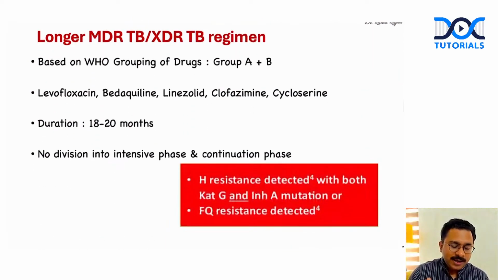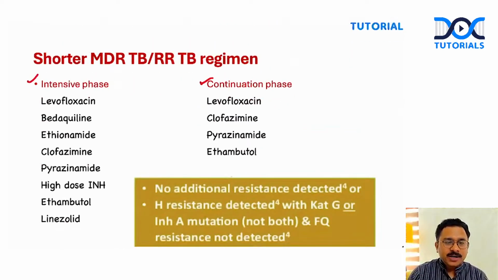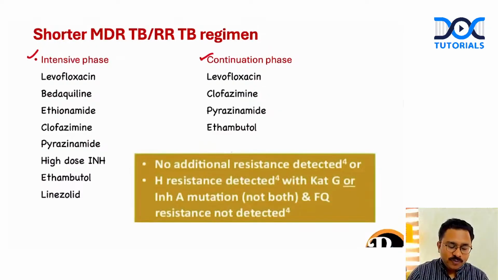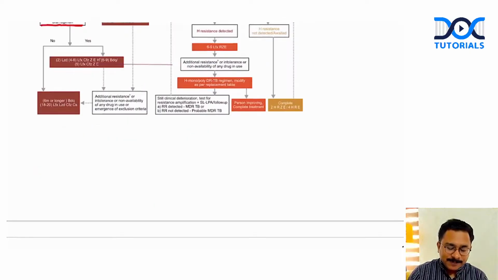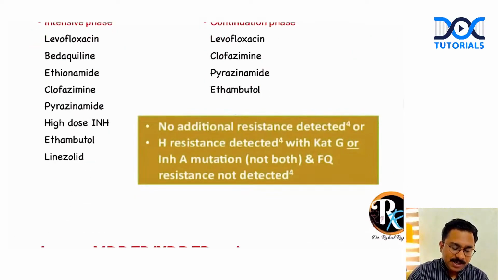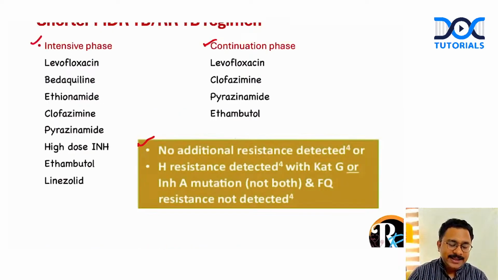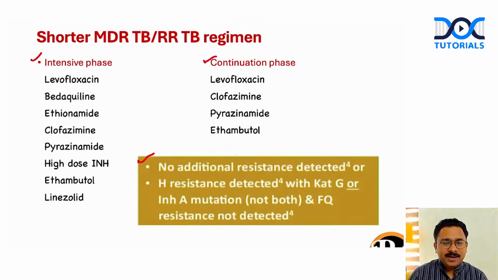And here is the longer MDR-TB, XDR-TB regimen. Now, when do you prefer the shorter regimen and when will you have to go for the longer regimen? When the patient is categorized as rifampicin resistant, and if there are no additional resistances detected in the various line probe assays, then you can go for the shorter MDR-TB regimen.